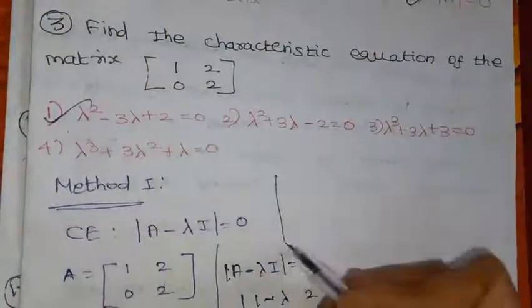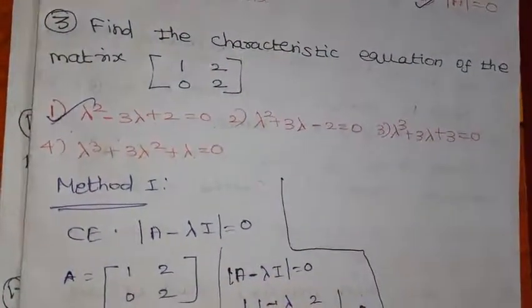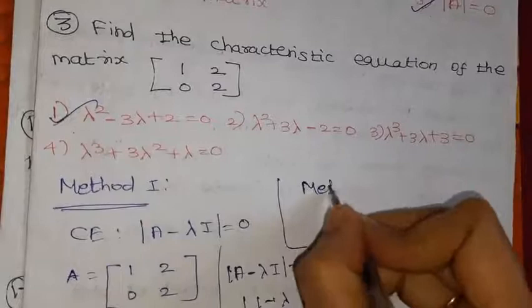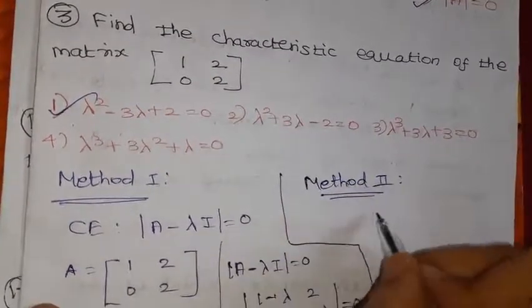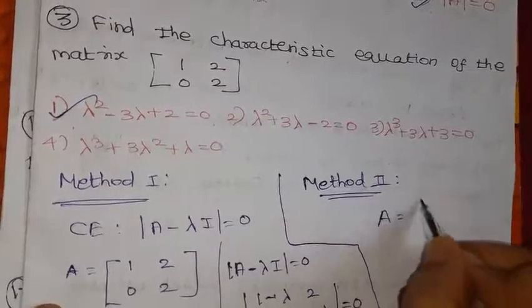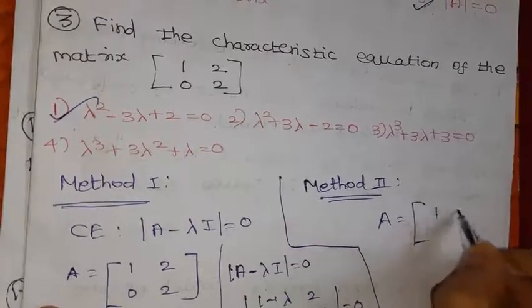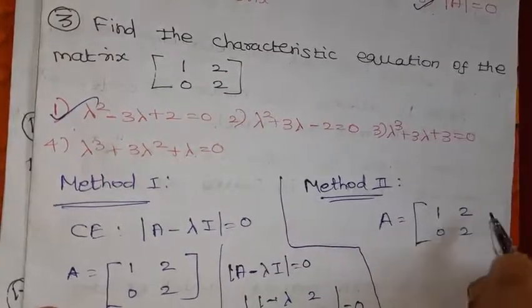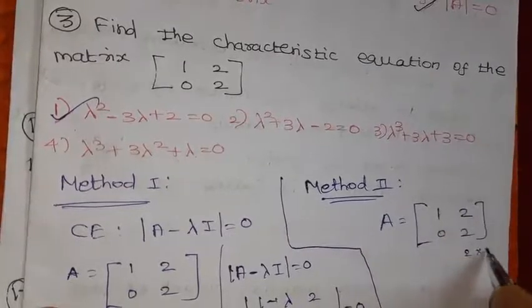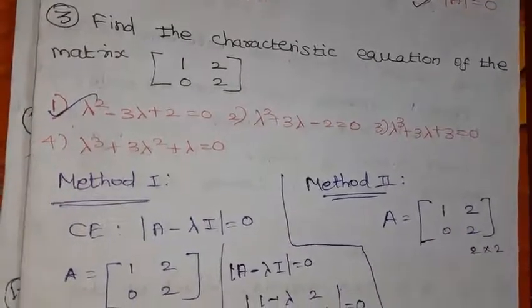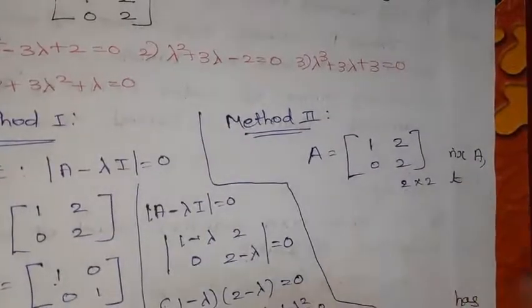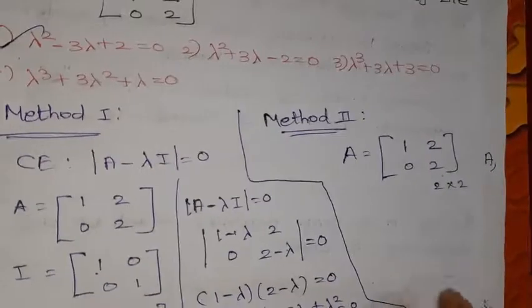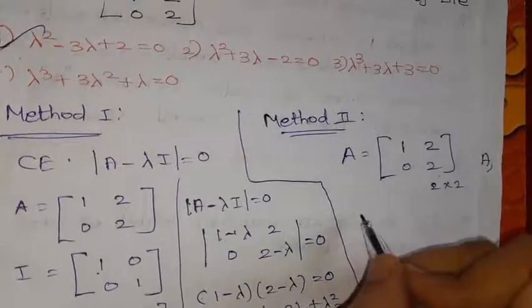We will see another method. We have one more method, a shortcut. See, this is matrix A, the given matrix: 1 2 0 2. This is a 2 cross 2 matrix, so we will have two roots. For any 2 cross 2 matrix, what should we do?